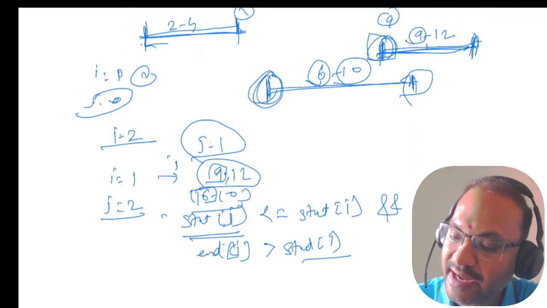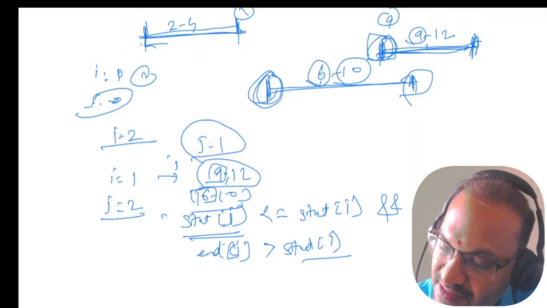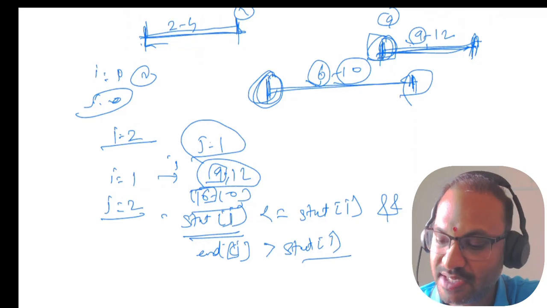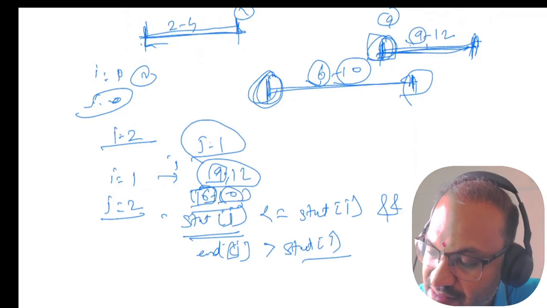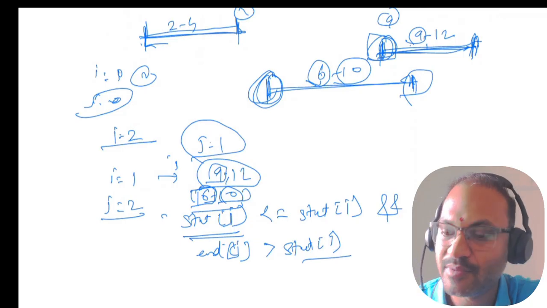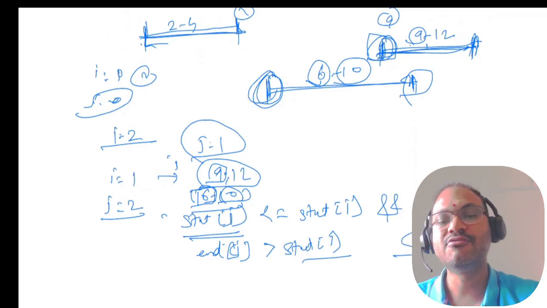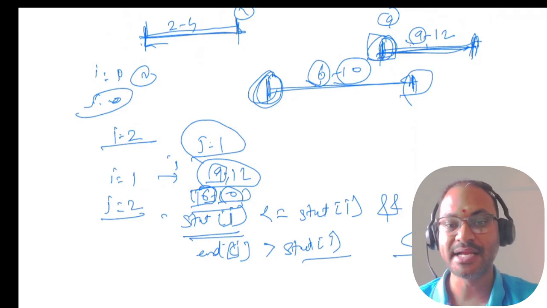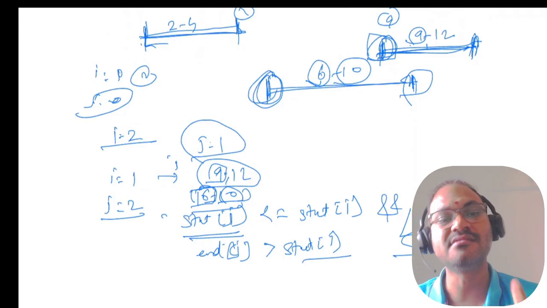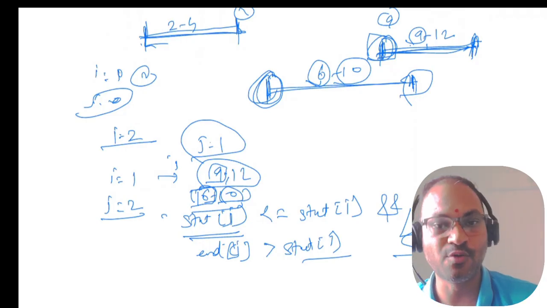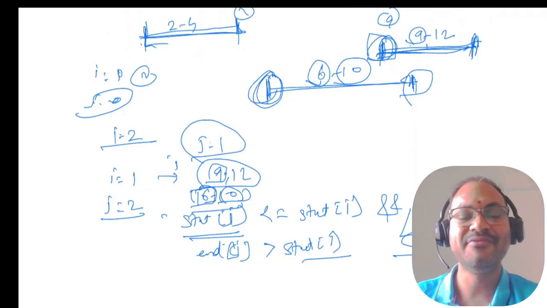Yes, it is. And what I'm comparing is the ending point of the second element, which is 10. Is 10 greater than the starting point of the first? Yes, it is. Once we find this, we can easily say that the meeting is overlapping, and in that case, we will increase the meeting room count.